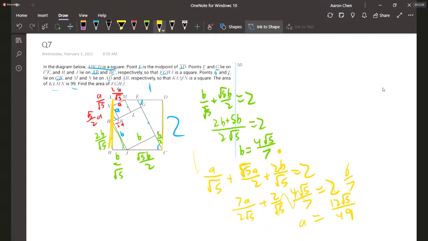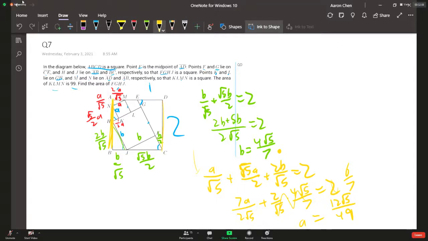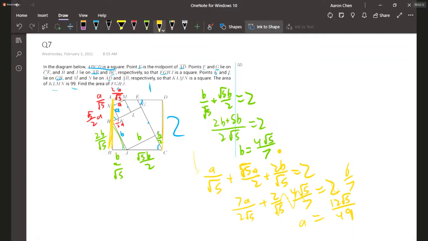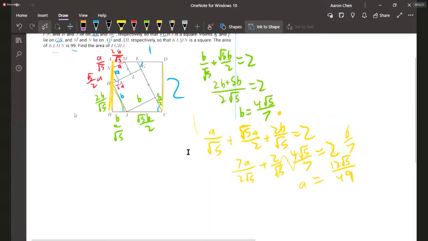And so we want to find the area of FGHJ. For here, I'm going to use the notation square brackets to represent area.